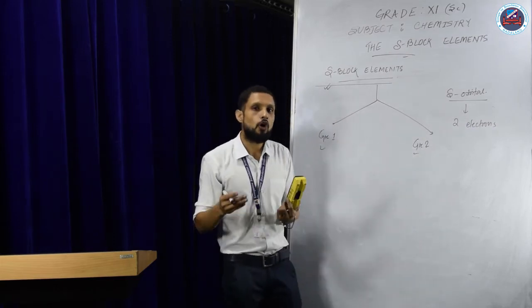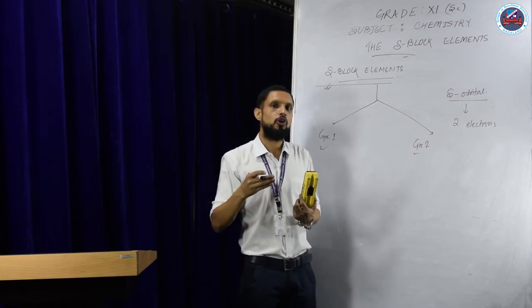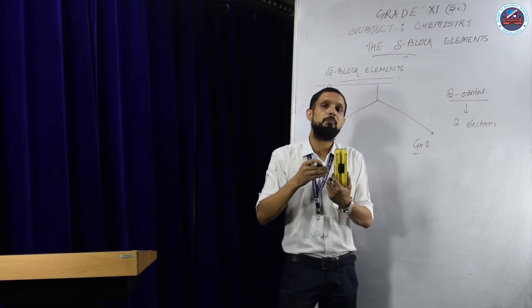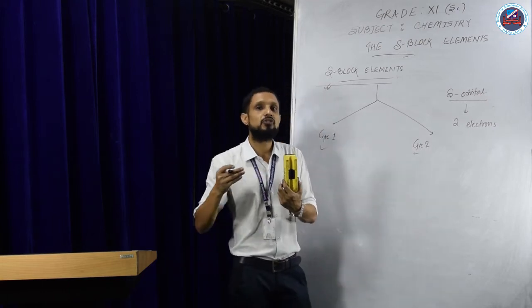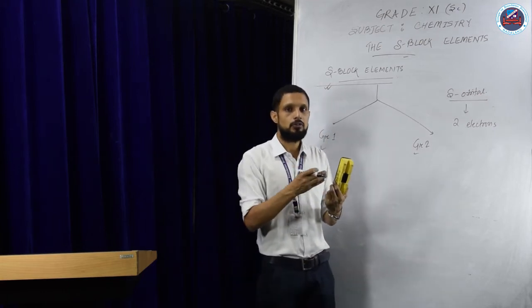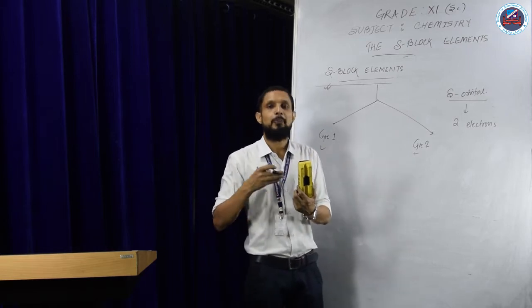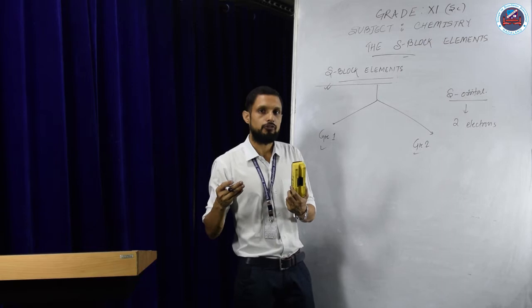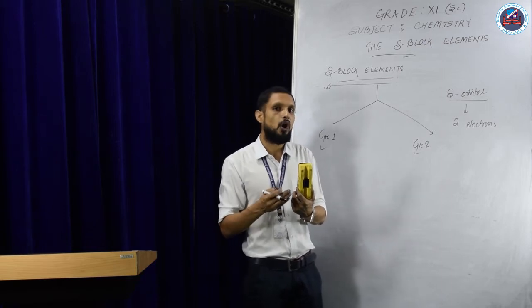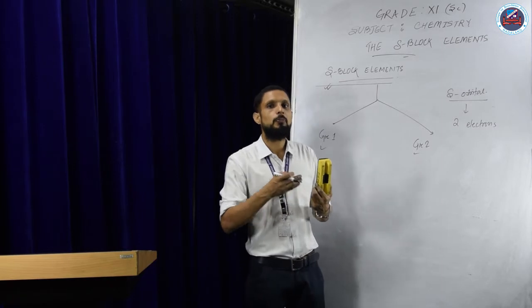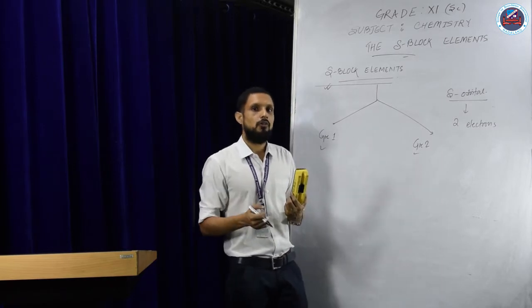The capacity of p orbital is 6 electrons, so under p block you'll have 6 groups, that is group 13 to group 18. D orbital capacity is 10 electrons, so under D block you have 10 groups, group 3 to group 12.